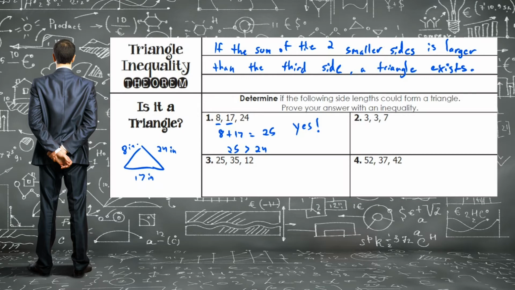But let's take a look at number 2. Let's look at the smaller sides, 3 and 3. So let's add those numbers together. 3 plus 3 is 6. And is 6 greater than 7? No, it is not.